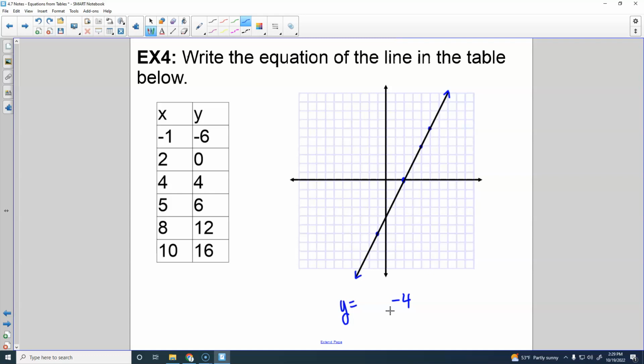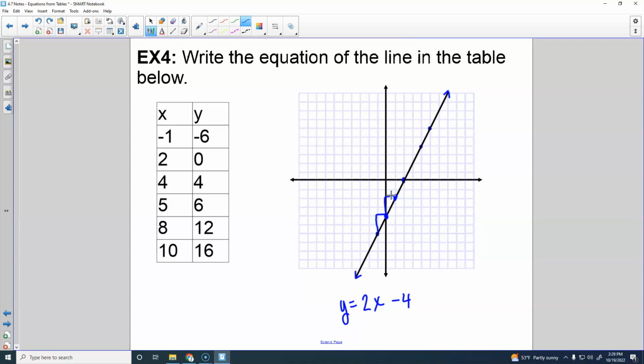Not 1 over 2. You got it backwards. 2 over 1. So just 2x. Because you're going up 2 to the right 1. You always got to go up or down first, right? Yeah. So up 2, right 1, slope of 2 over 1.